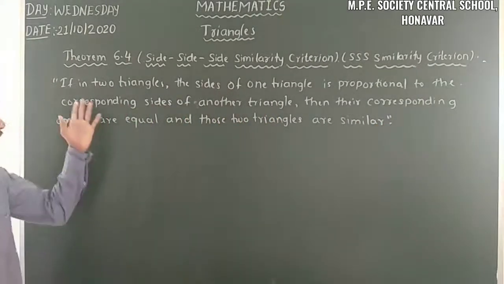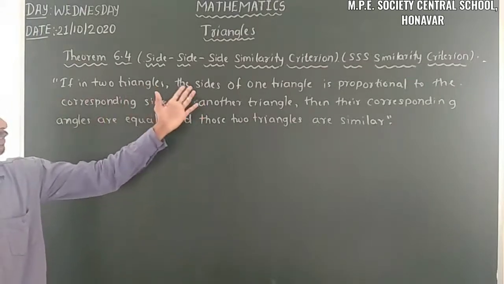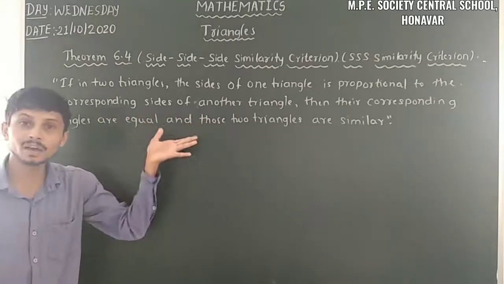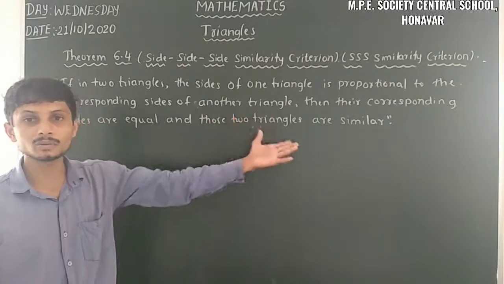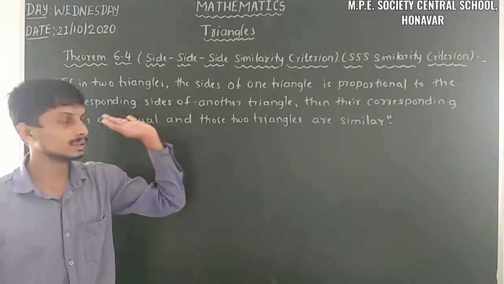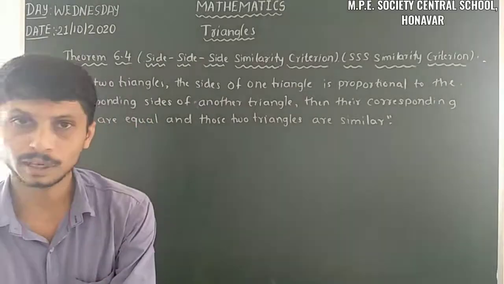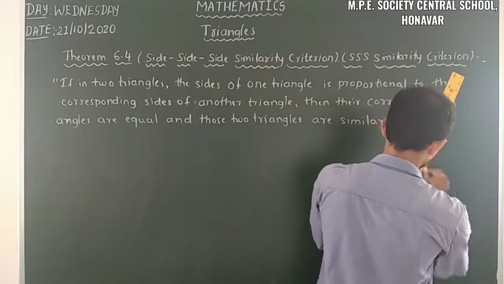So here we have a theorem: if in two triangles the sides of one triangle are proportional to the corresponding sides of another triangle, that means when we have that proportionality, the corresponding angles are the same and those two triangles are similar. So let us consider two triangles.